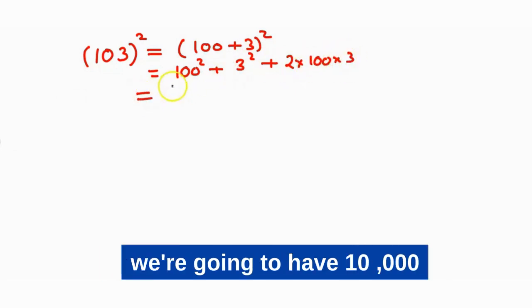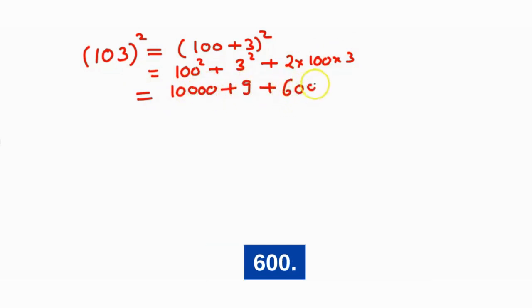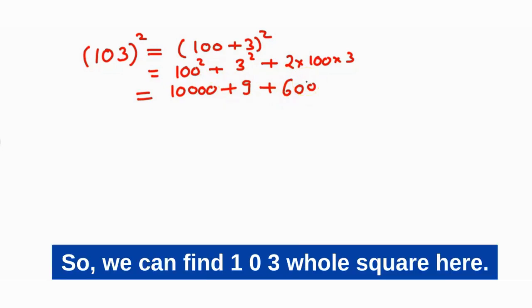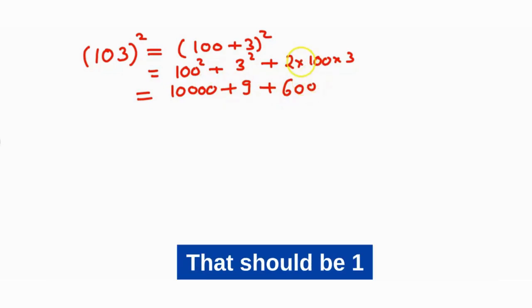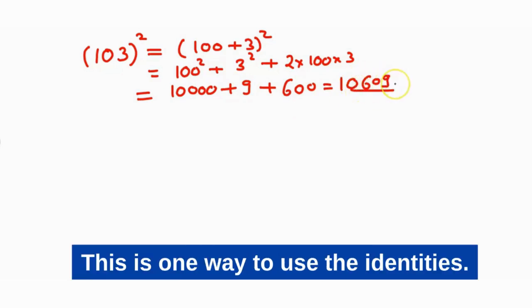So we're going to have 10,000 plus 9 plus 600. So 103 whole square is 10609.